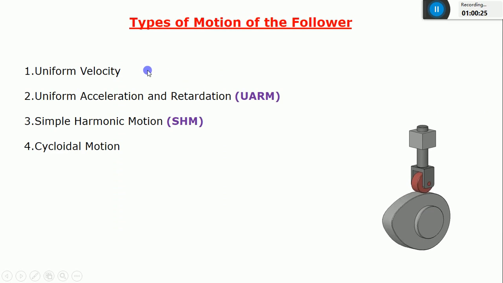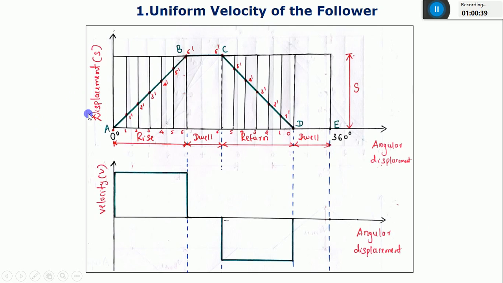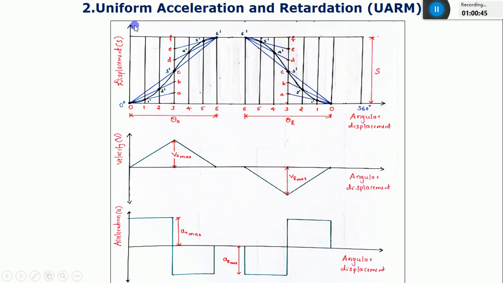And finally, we have discussed different types of follower motions, whether the follower has a uniform velocity, uniform acceleration and retardation, simple harmonic motion, or cycloidal motion. These are the displacement diagram and the velocity diagram of the follower. For uniform acceleration and retardation motion, you can observe the acceleration diagram.